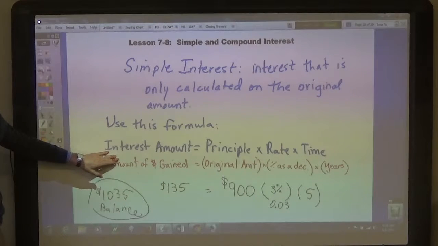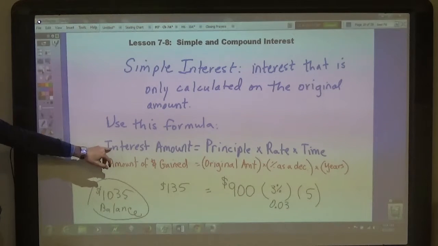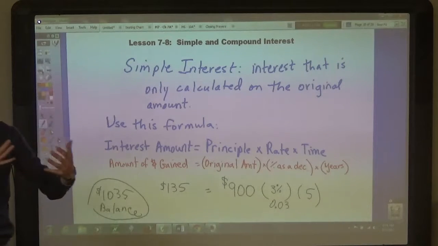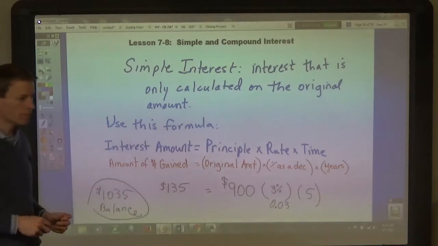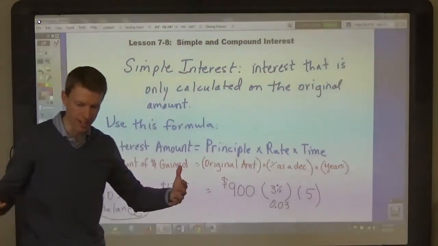Emily? Good. It's the amount of money that the bank gives you for being able to use your money. They use the money that you have deposited into your account. So a bank basically works like this.